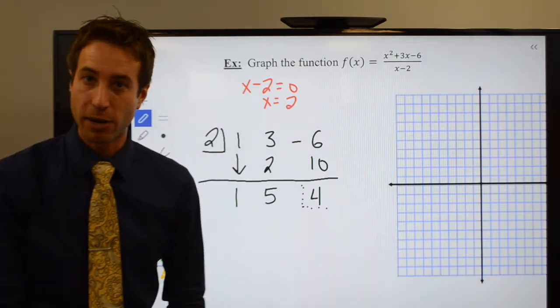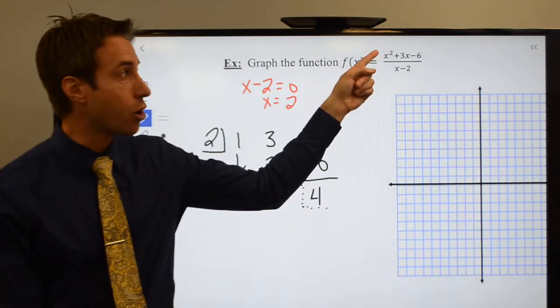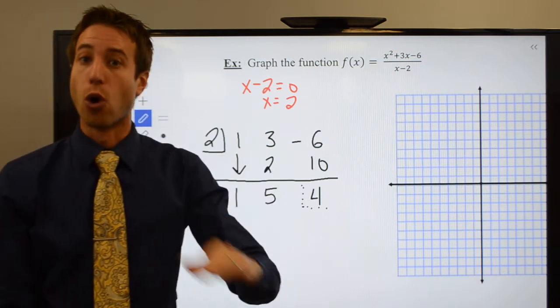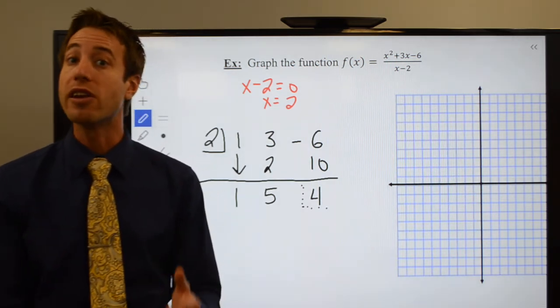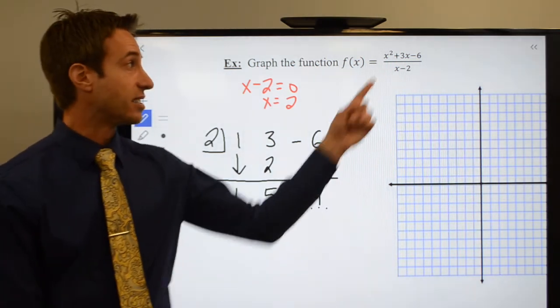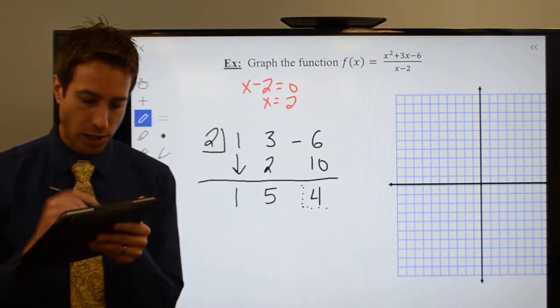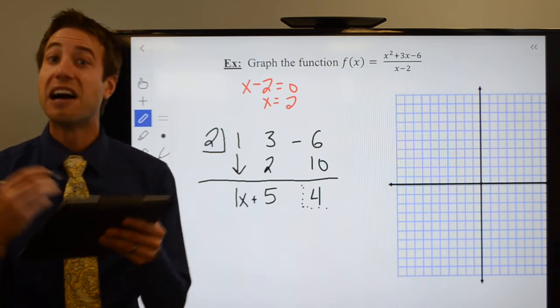How do I put my variables back in? What is the degree of the original polynomial? Well, it was a degree 2, second degree. Your reduced polynomial, or your quotient, will be 1 degree less. Since it was a second degree, this needs to be a first degree. So, x to the first plus 5.